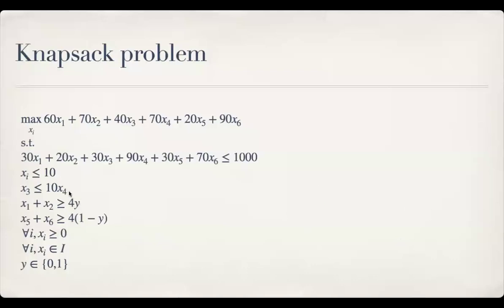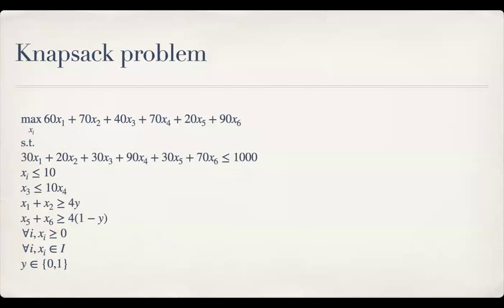For me, this constraint, you see that x3 is less than or equal to 10 x4. I move 10 x4 from the right-hand side to the left. So the third constraint, in my case, is x3 minus 10 x4 less than or equal to 0.